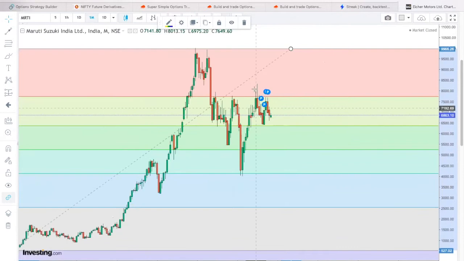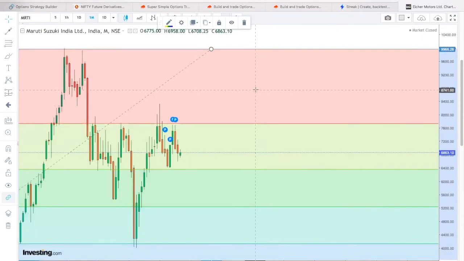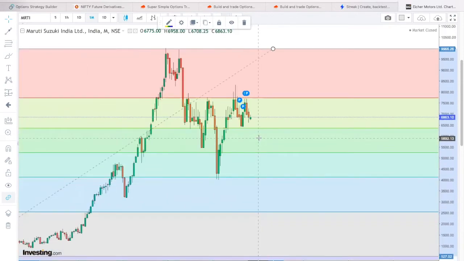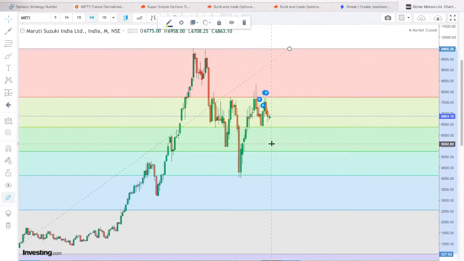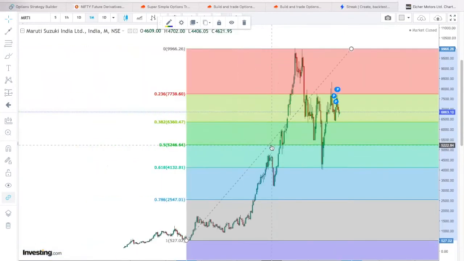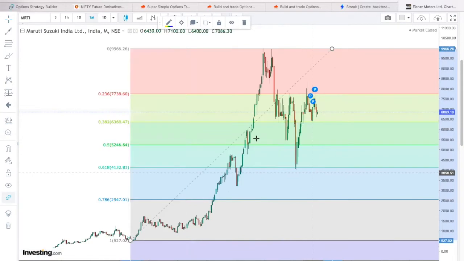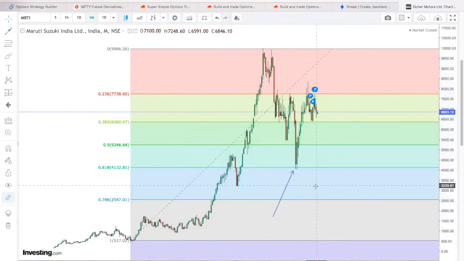So recently also it has fallen down, again it went up, and again the reversal candle has come, that too in a monthly candle. Let's see what will happen. The next month is a very important month, September month for Maruti. See, everywhere you are able to see 0.61 is acting like a very major support. 0.61, very important support zone.